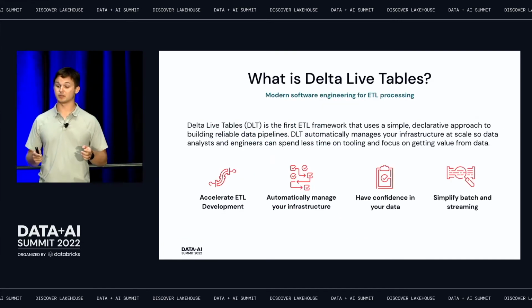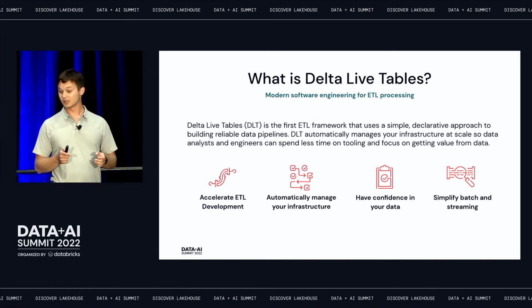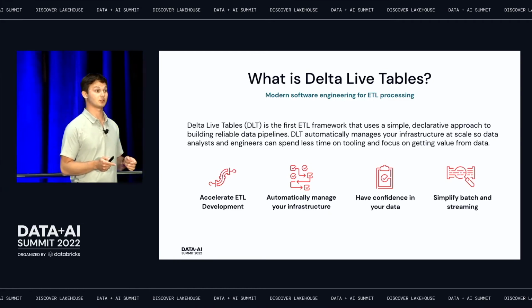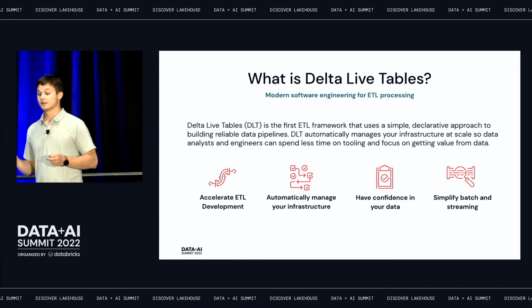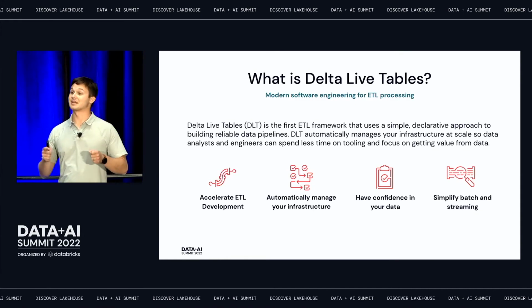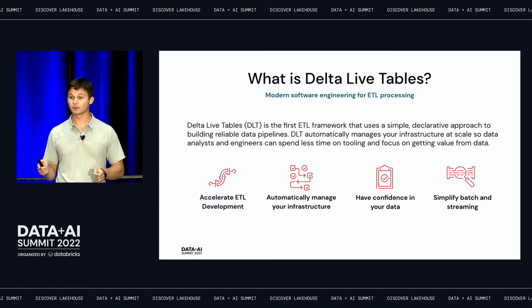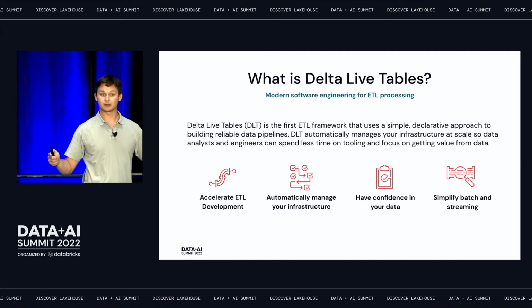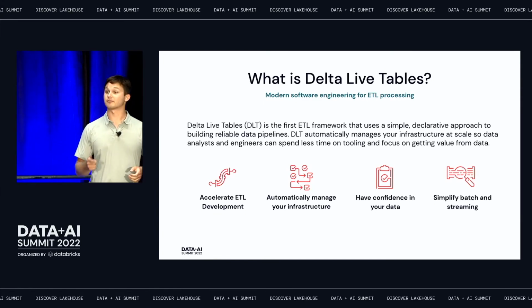The way we did it is we used a feature of the Databricks platform called Delta Live Tables. Delta Live Tables is essentially an ETL framework. It just went generally available last April. The core premise behind Delta Live Tables is that if you can be declarative about the data flow, you can still write your code in either SQL or Python, but being declarative about the data flow itself in your overall ETL pipeline gives the Delta Live Tables engine so much more visibility into what you're trying to do, and that affords us a lot of benefits.